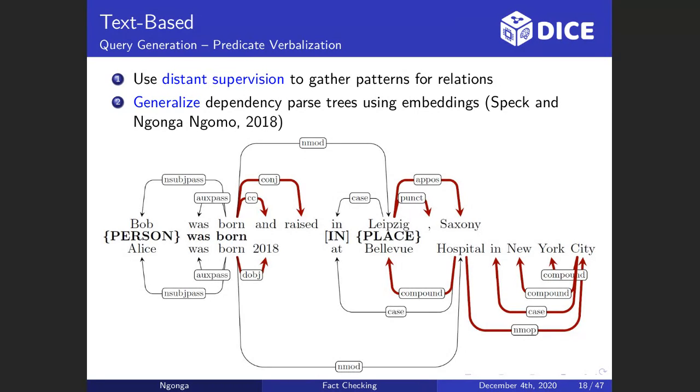So there's been a lot of work on distant supervision, where we look at how a particular predicate is used in textual sources, and we try to find verbal clues for particular relations, and that works.